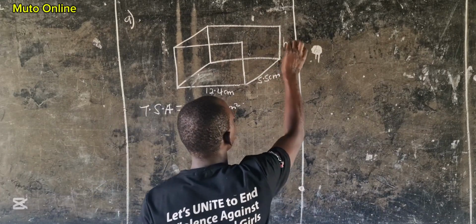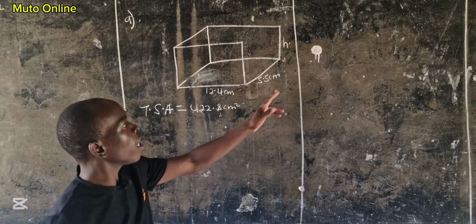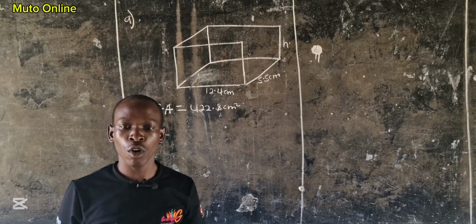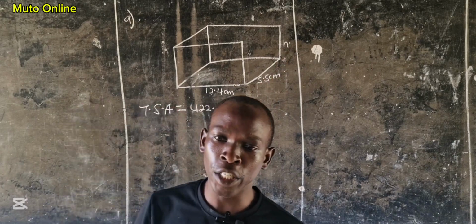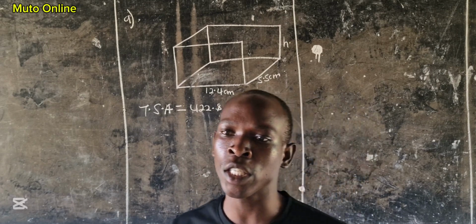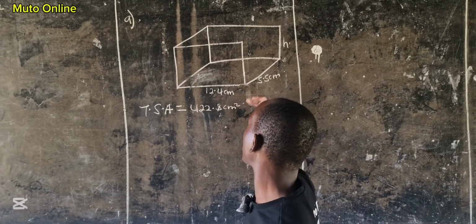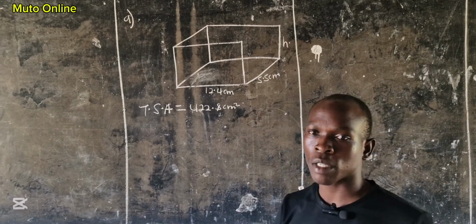But the height is missing. So I can put here H to represent the height. So in part A, they want us to help Wumal to come up with a sketch showing the details he needs. And this is a sketch of Wumal's box.